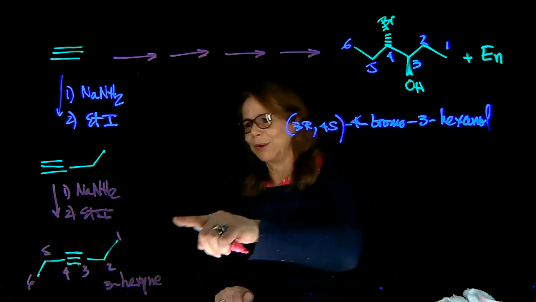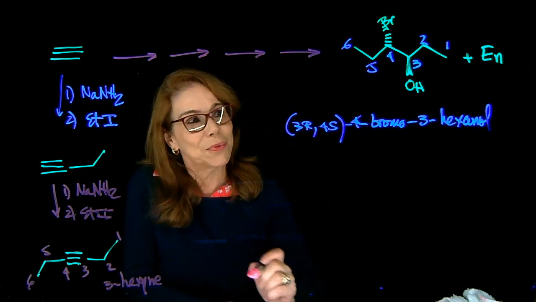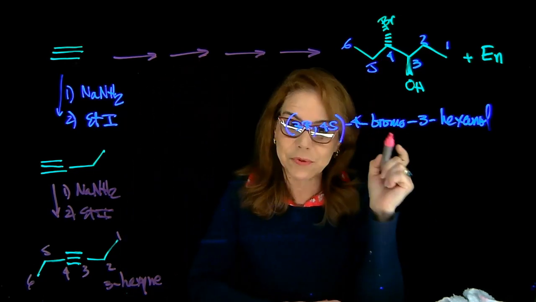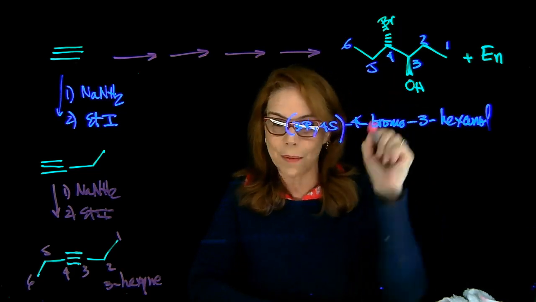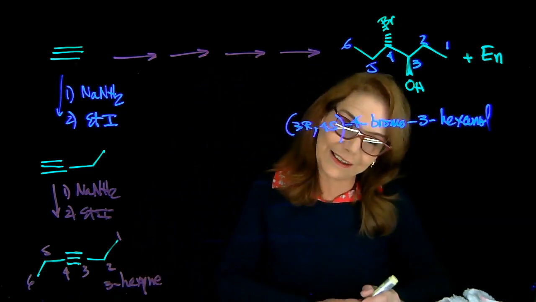Okay, now I need to go from here to here. So there is a reaction. What reaction will help us introduce a bromine and an OH, but also opposite to each other? So that reaction we have studied with alkenes.